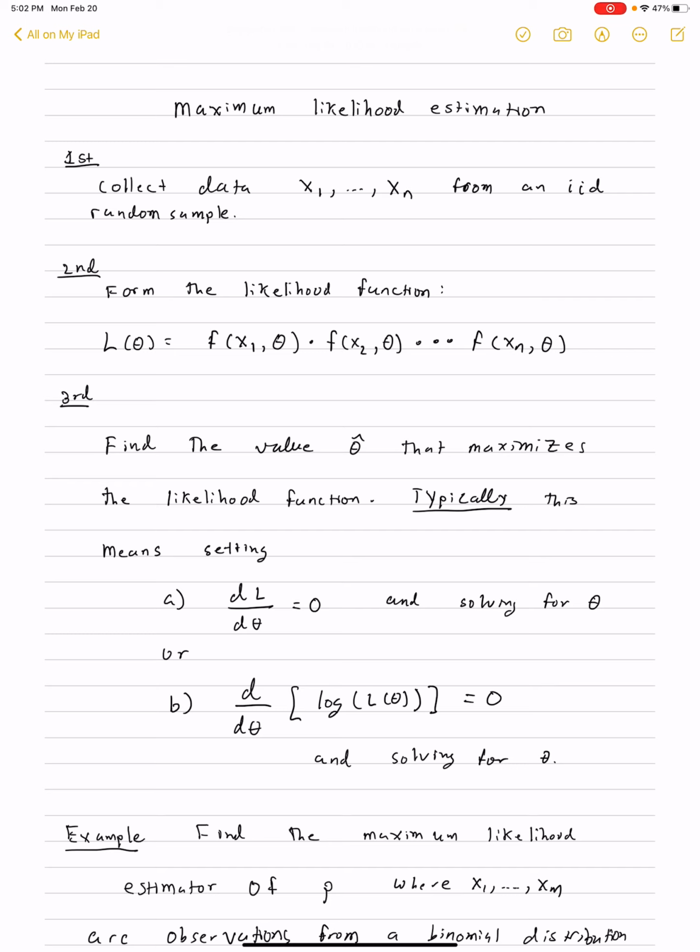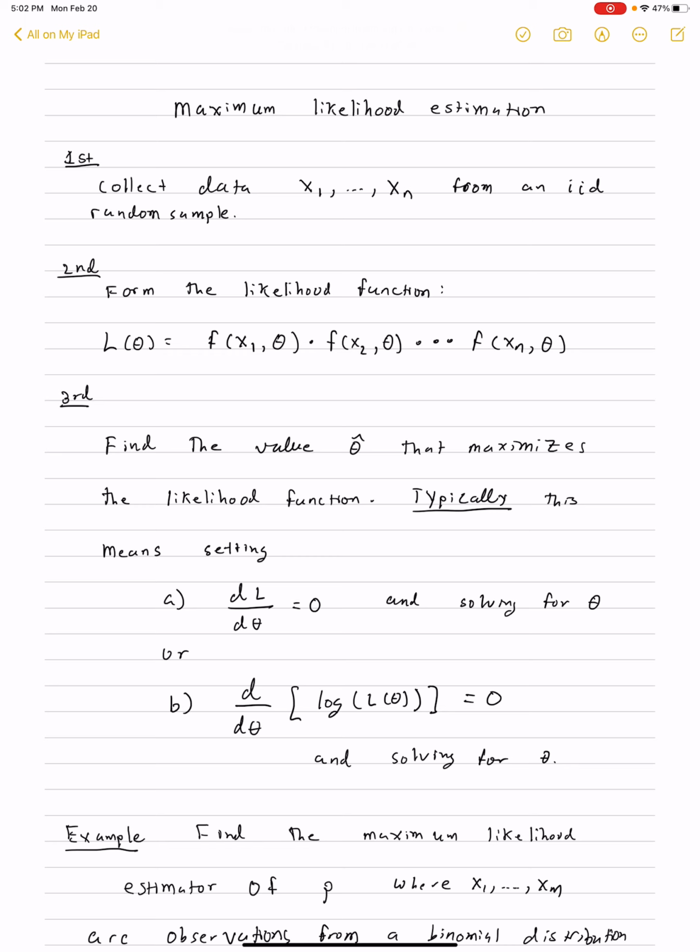Once you collect data, the data has a distribution, and you need to form what's called the likelihood function. The likelihood function represents how likely that event is to occur based on the unknown parameter theta. And it's just the product of the distributions.